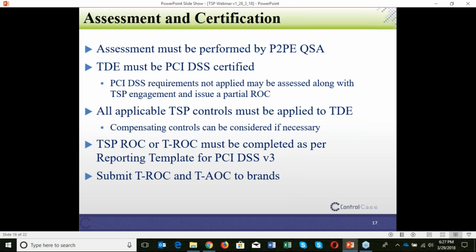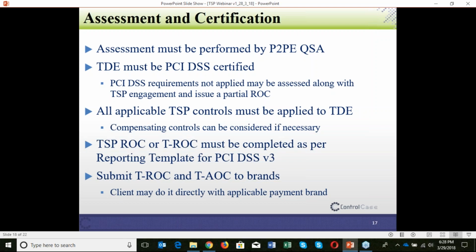And finally, this TROC and AROC, AOC, as they are called respectively for TSP certification, will be sent to the brands. This can be done by the brand because there are additional certification processes required going forward. As we have seen, the merchant needs TSP validation before they start their certification process.